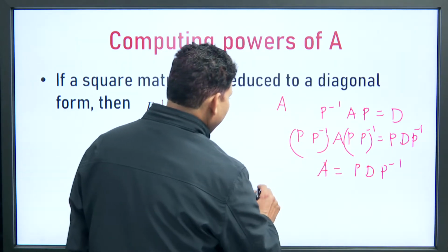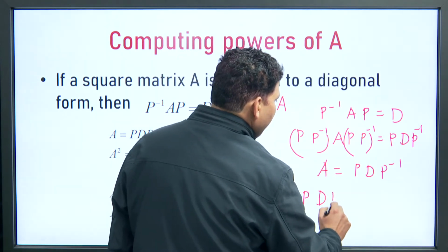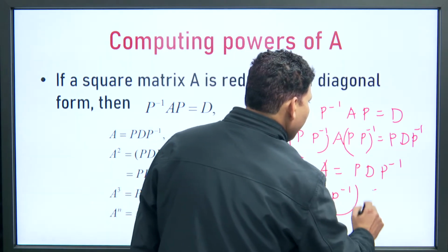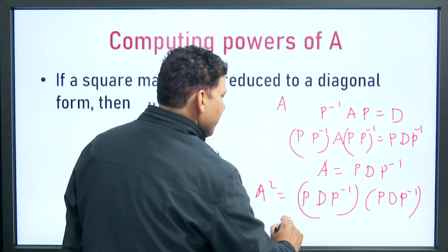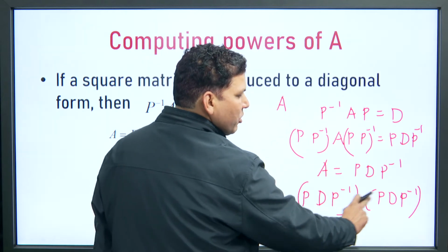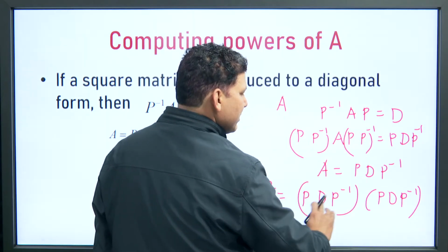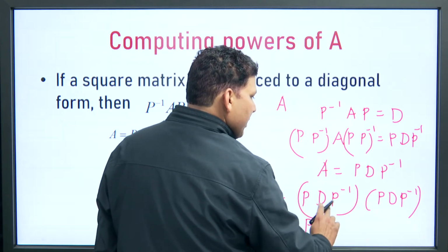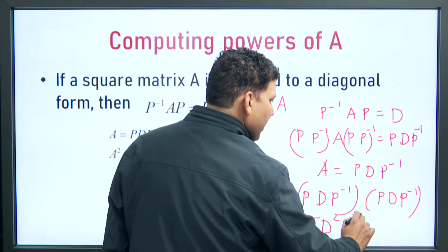Suppose we want to find A square. This is A into A, that is P D P inverse into P D P inverse. Because matrix multiplication satisfies the associative law, P inverse P is the identity matrix, and we get P D square P inverse.